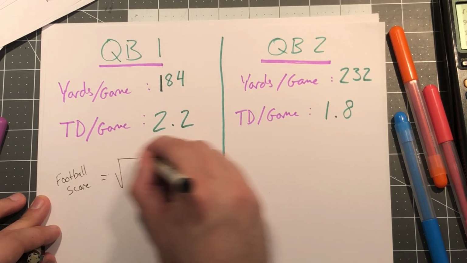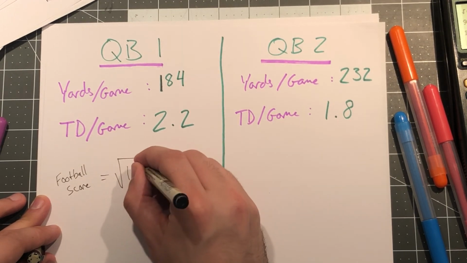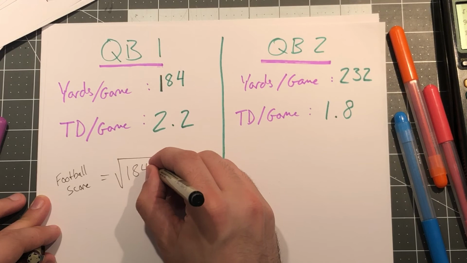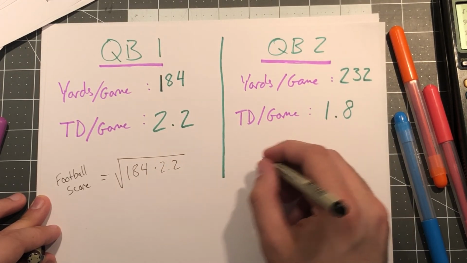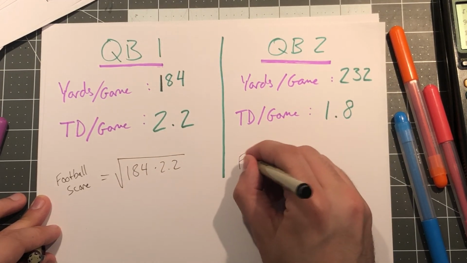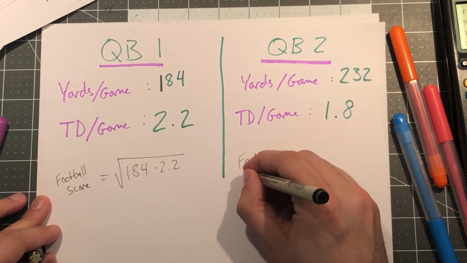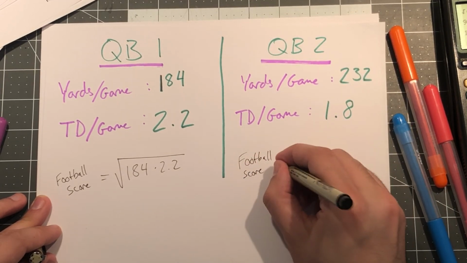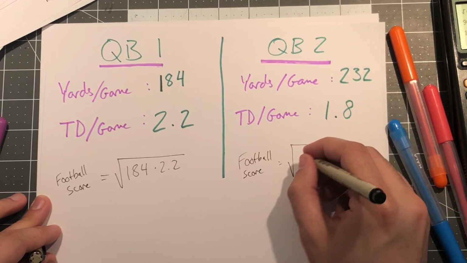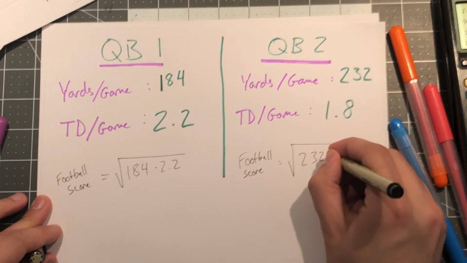I can take the geometric mean. This works for reviews on Amazon when you have different, some websites use thumbs up or thumbs down. You can take things that don't have the same stat and compare them to each other.